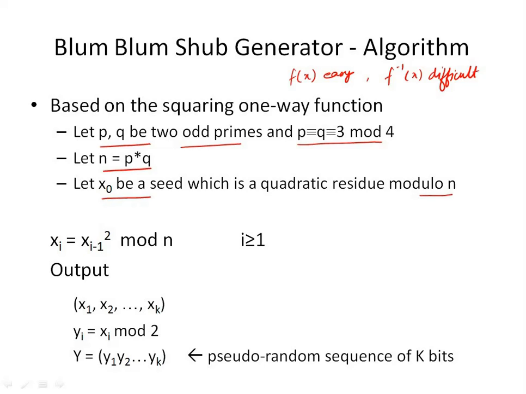Then the BBS generator produces a sequence of bits according to the following algorithm: x i is equal to x i minus 1 square mod n. The output will be a sequence of bits, where y i is equal to x i mod 2. So y1, y2 up to yk will be a pseudo random sequence of k bits. In this manner the BBS generator algorithm works.